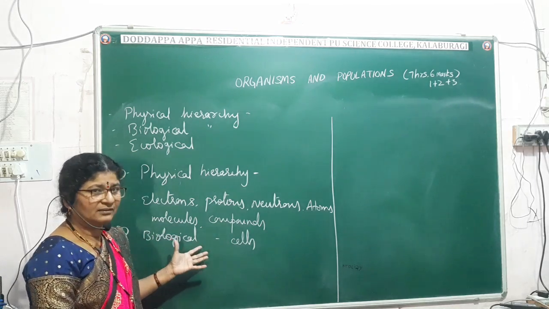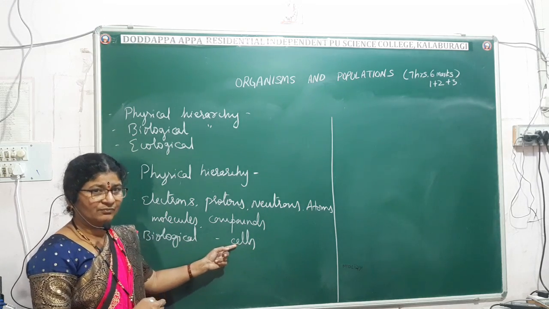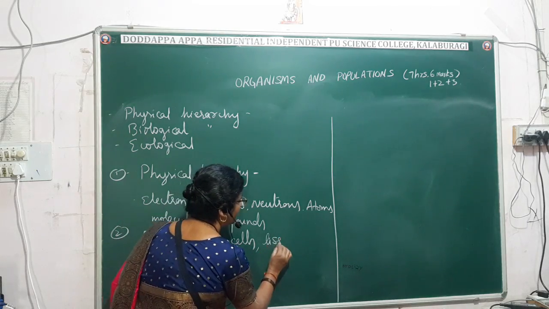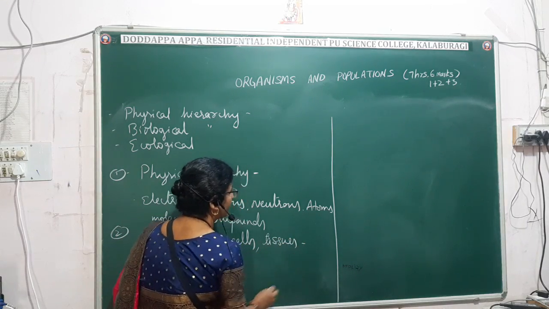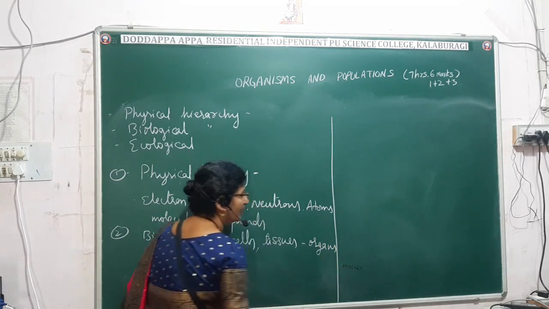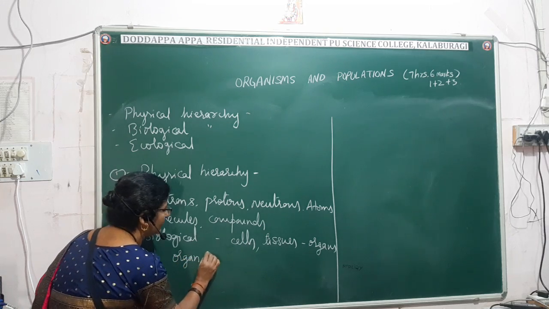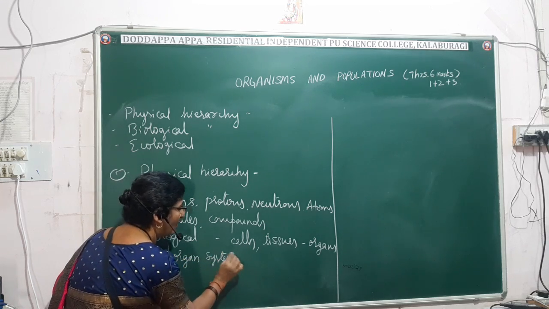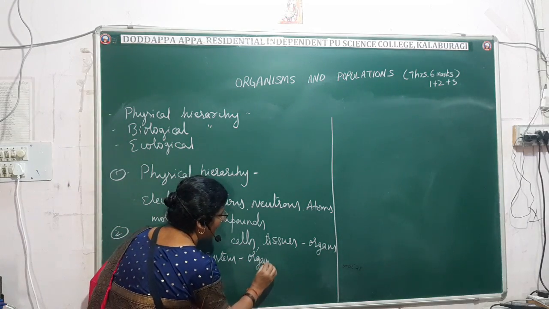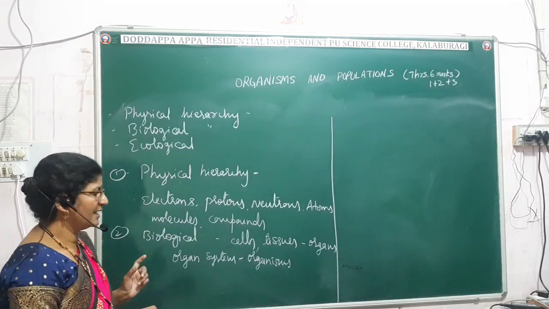So these cells together form the tissue, tissues together form organs, organs together form the organ system, and organ systems together form the organism. So that is about the biological hierarchy.